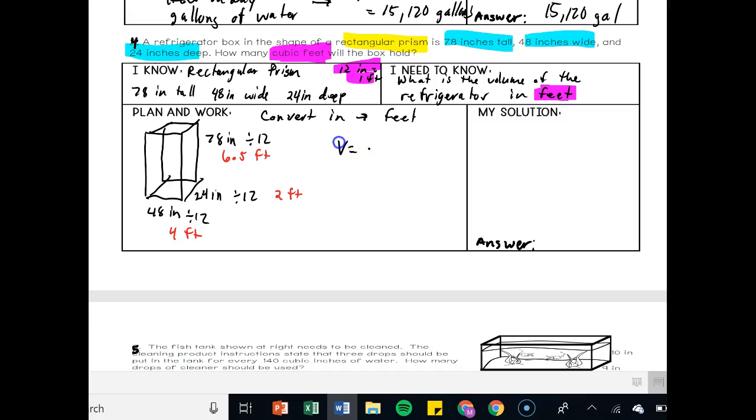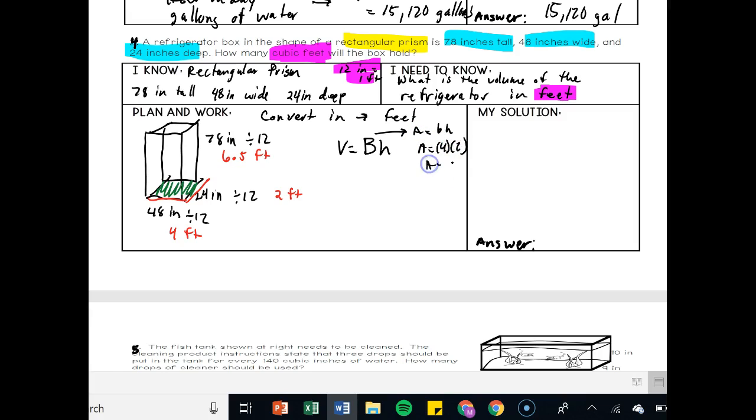Our volume is equal to big B times H, big B being the area of our rectangular base. So that space, meaning we're using the dimensions not 48 and 24 anymore, but 4 and 2. So area is equal to base times height, not divided by 2 because it's not a triangle. Area is equal to 4 times 2.